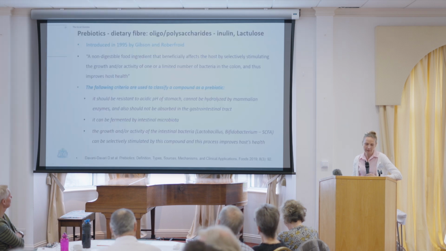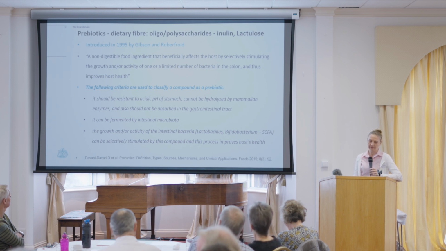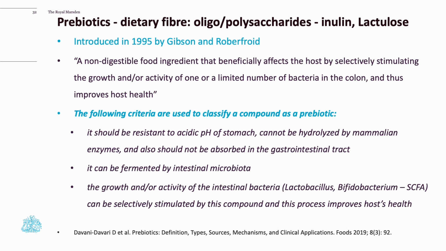Now we move to prebiotics. Prebiotics are usually taken as dietary fiber. For example, we know lactulose. This concept was introduced in 1995, and the definition says it's a non-digestible food ingredient that beneficially affects the host by selectively stimulating one or more bacteria in the colon and therefore improves the host health. There are other criteria.